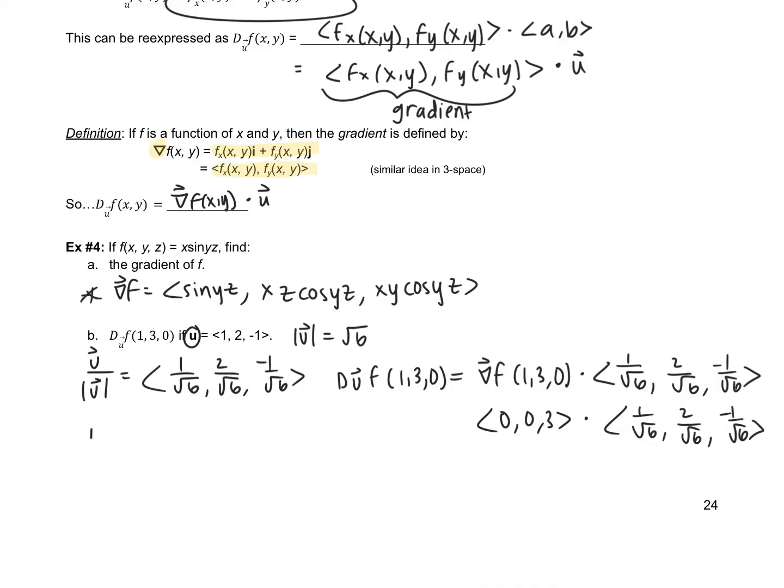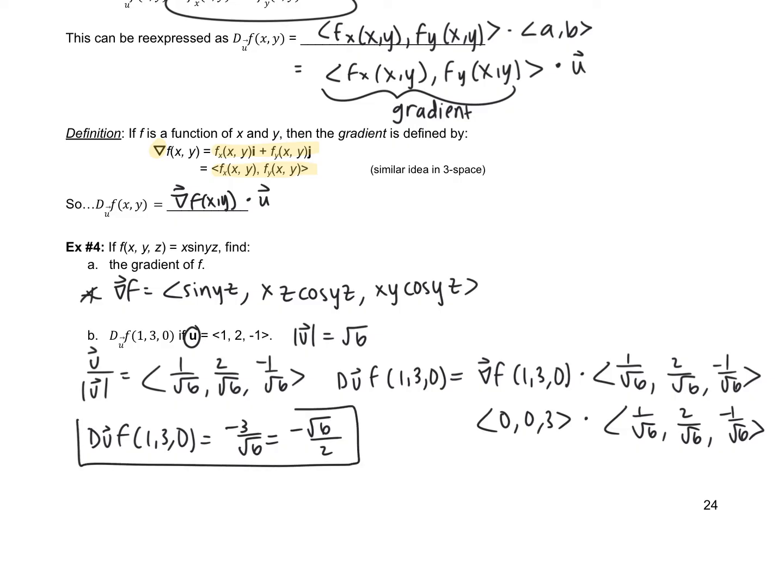And ultimately, we get the directional derivative in the direction of u at the point 1, 3, 0 to be negative 3 over root 6, which simplifies to negative root 6 over 2. So remember, interpreting this, this is the change in f as we move in the direction of u at the point 1, 3, 0.